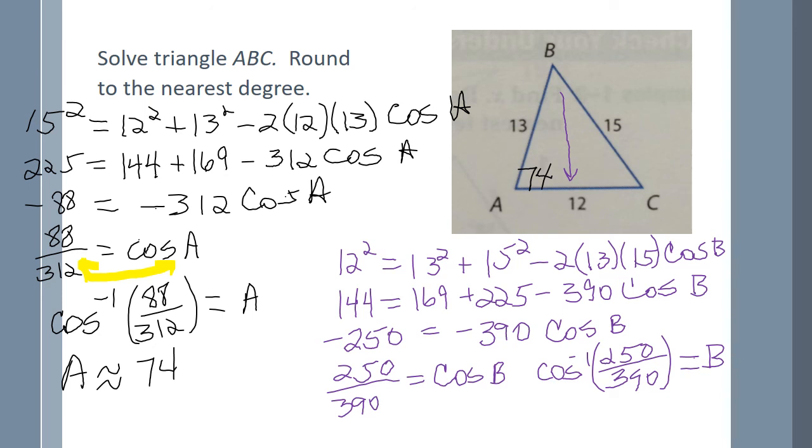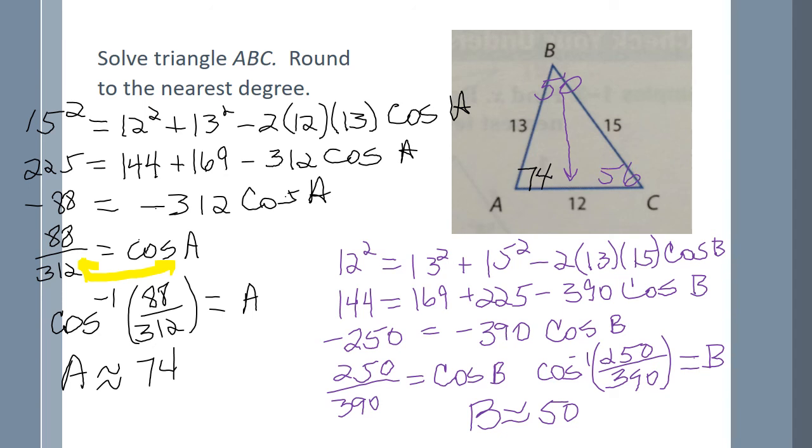Hit enter. Now plug my numbers in: 250 divided by 390. I hit enter. I get 50.1317. So angle B is approximately 50 degrees. So 50 and 74 is 124. So 180 minus 124 is 56.